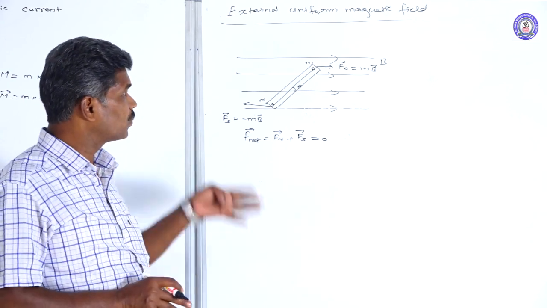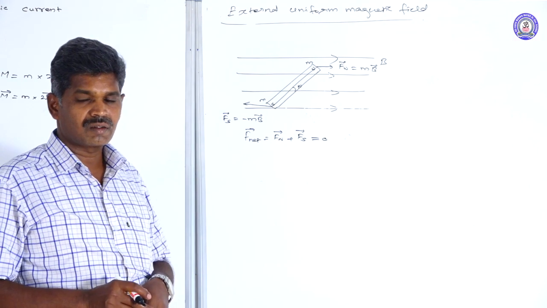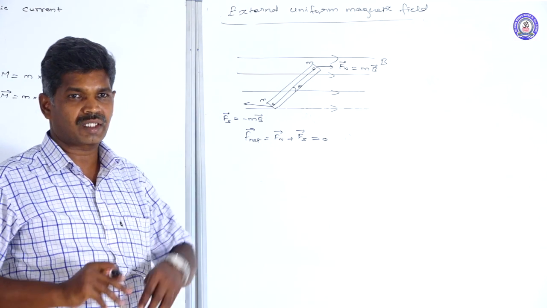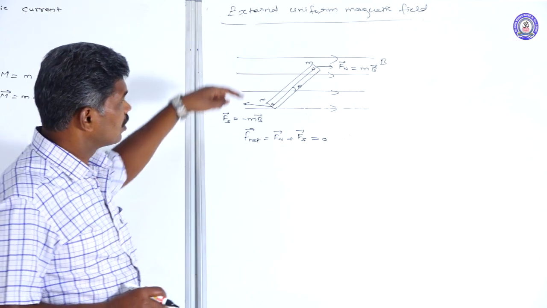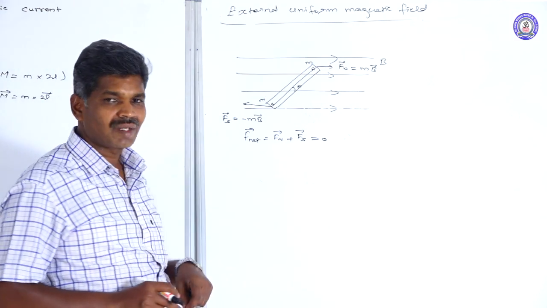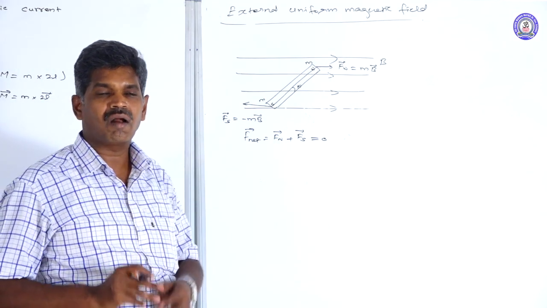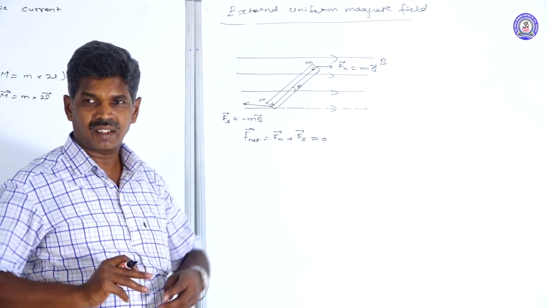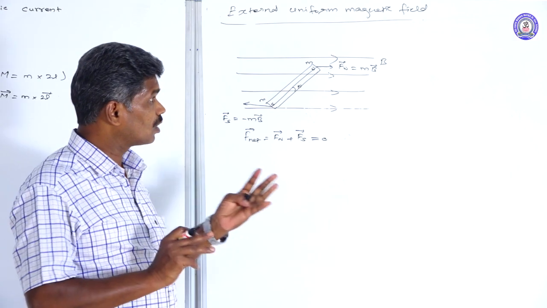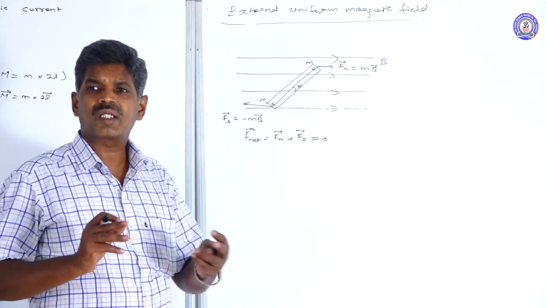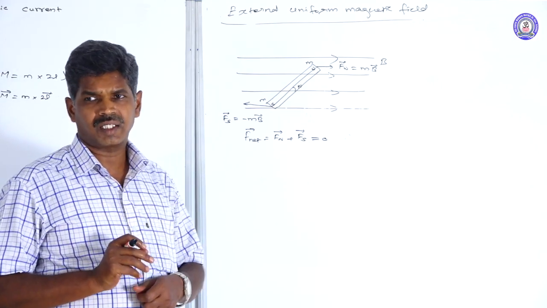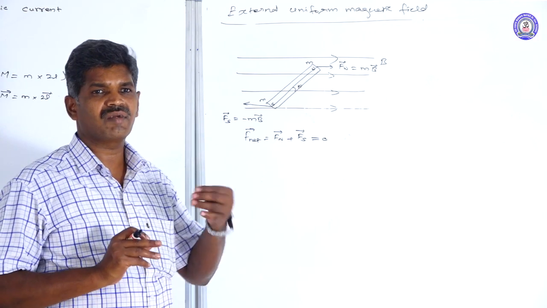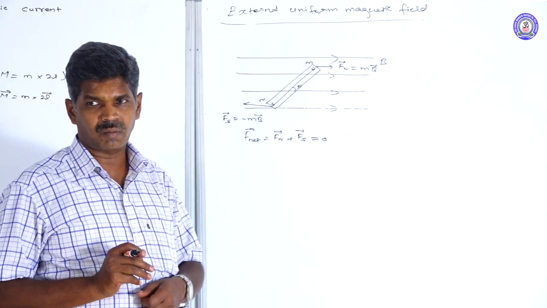Even though the net force is 0, the magnet is going to rotate, because the lines of action of the two forces are not passing through the same point; they act at different points. That's why the two equal forces make the bar magnet rotate. There we have a torque acting on the bar magnet.